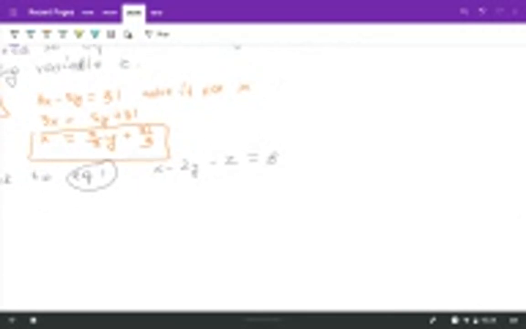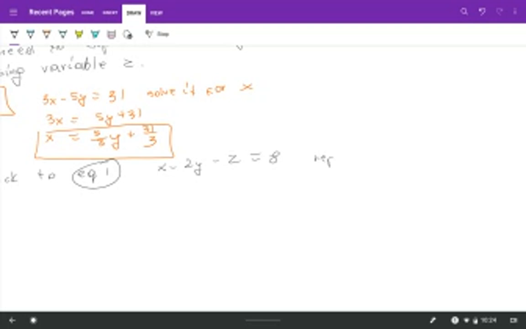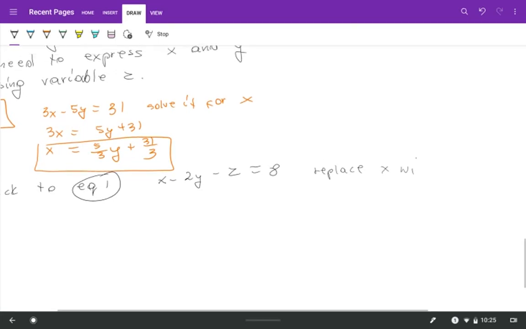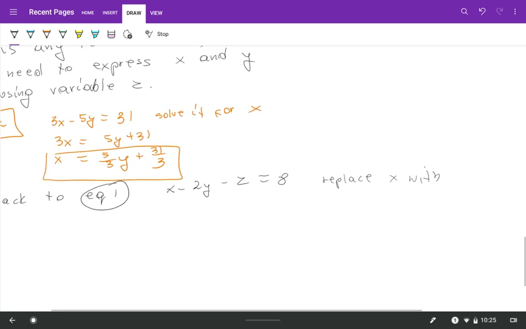So I went back to equation 1 and I'm going to replace x with 5 over 3y plus 31 over 3.